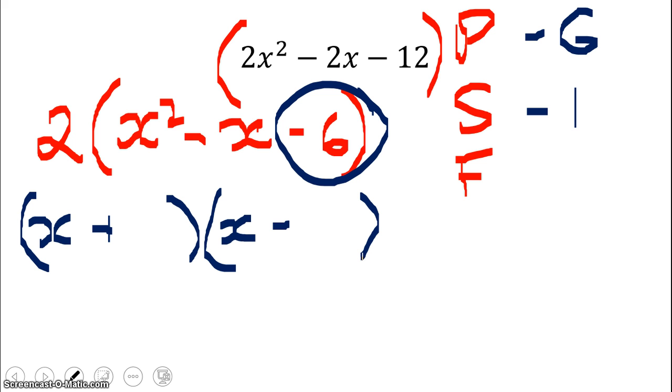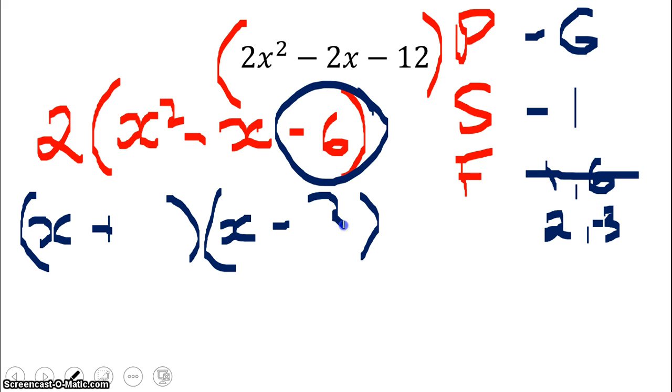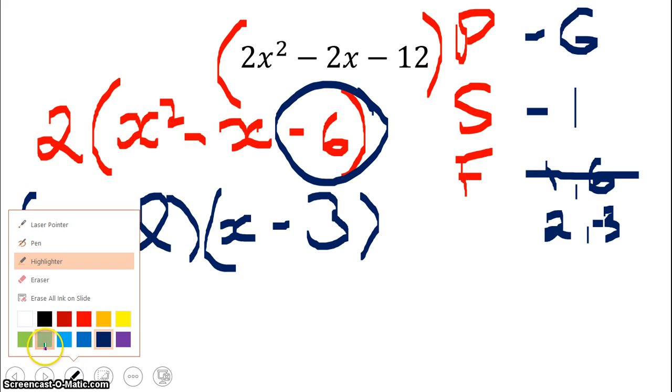So to make 6, we can do 1 times 6, we can do 2 times 3, and that's pretty much it. 1 and 6, well, there's no way to make that sum to minus 1. We've got 2 and 3, so I reckon 2 take away 3 is going to give me minus 1. So 3 is my negative, 2 is my positive part of the factor.